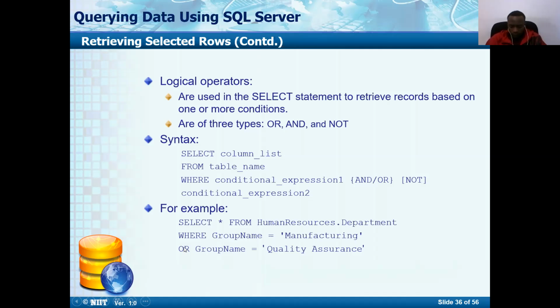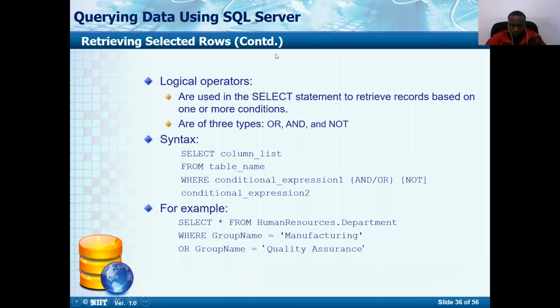This one is going to get all the employees where the group name is manufacturing, and also employees where the group name is quality assurance.